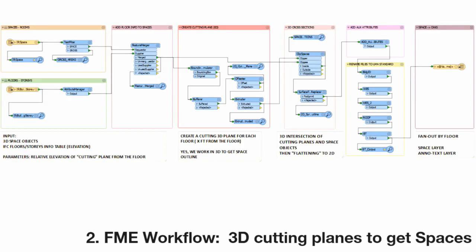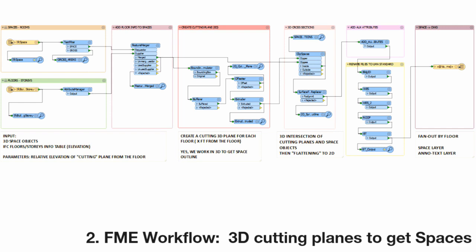And the other issue then was basically creating the spaces, and how do we do that? And basically what Sasha finally figured out was to take these cutting planes and cut through the 3D model so that we could then get the polylines for each of the spaces.